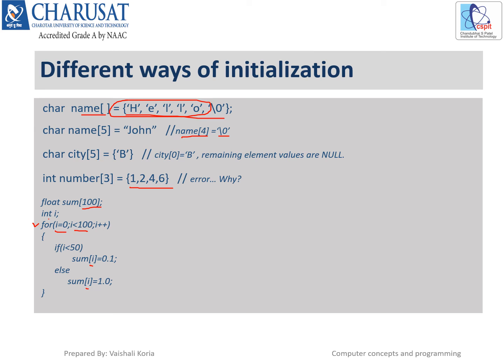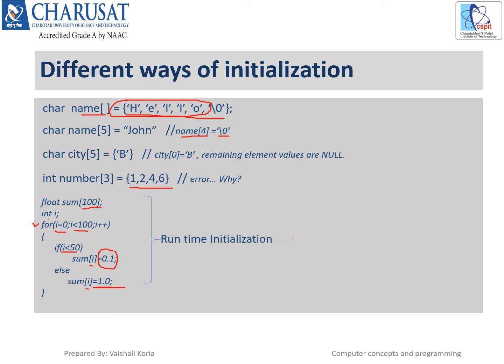Now if the value of i is less than 50, you can initialize those elements, sum[0], sum[1], up to sum[49], with 0.1, and otherwise the remaining elements will be initialized with 1.0. So if the array size is large, you can use this kind of for loop to initialize the array elements.